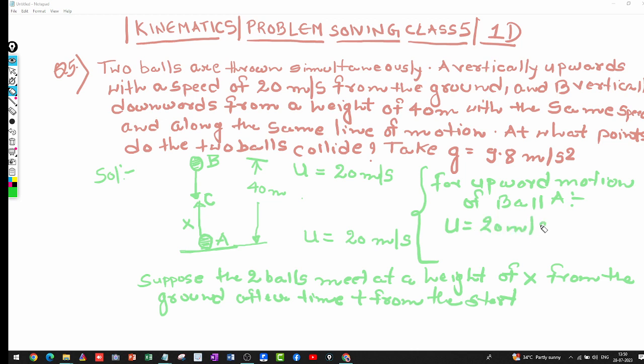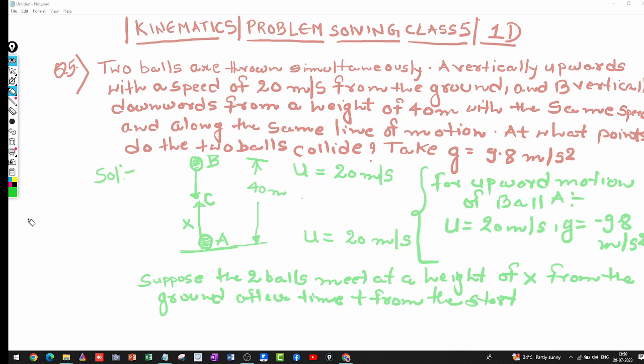These are the given data, and g equal to minus 9.8 meter per second square. Why is the gravity g minus 9.8? Because it is going against the gravity, so we are giving it a minus sign. If it is along the gravity, that means it's positive g, 9.8 meter per second square. If it is against, then we have to take it as minus.